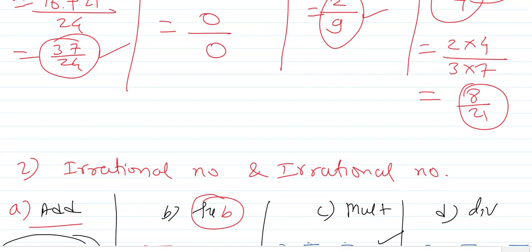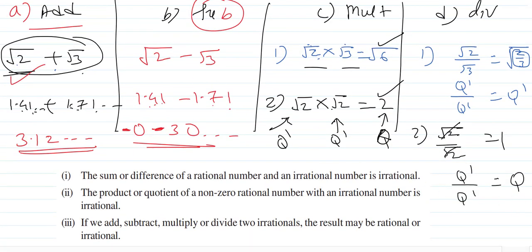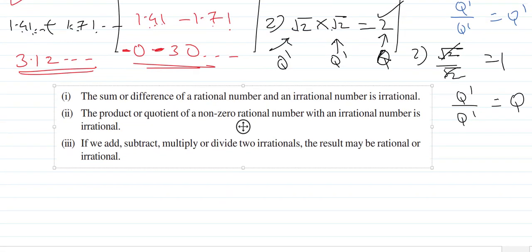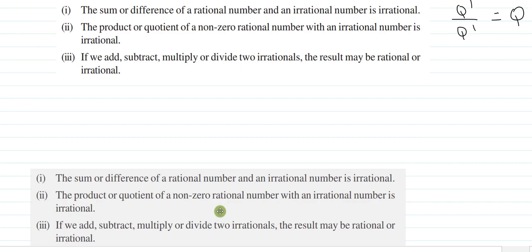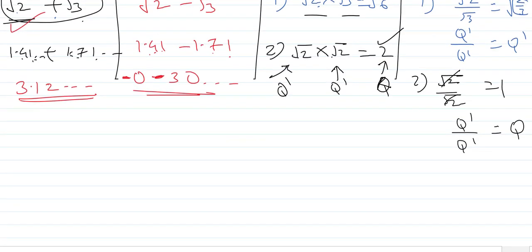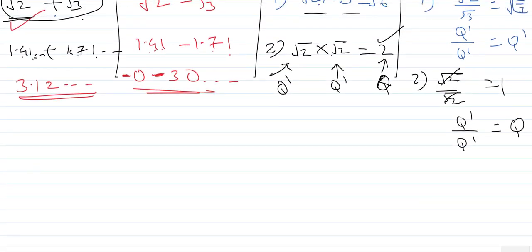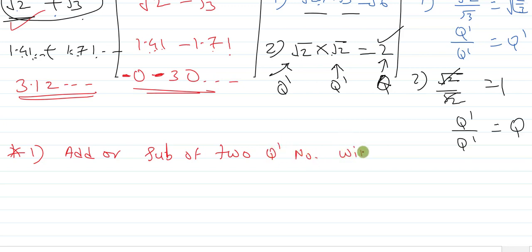Getting it? So to conclude this, let me take it downside. So to conclude this, what can we write? Some points. 1. Addition or subtraction of two irrational numbers will be irrational.